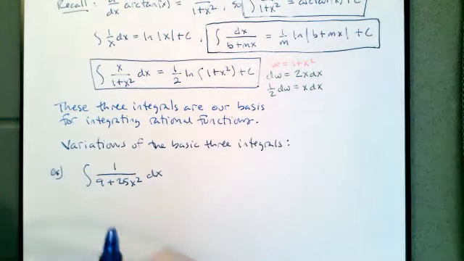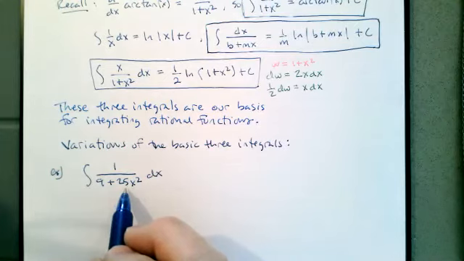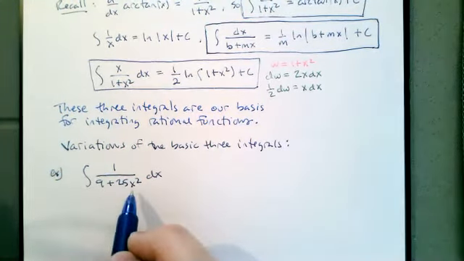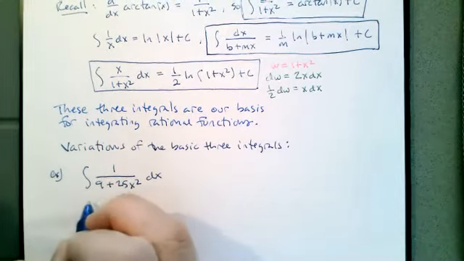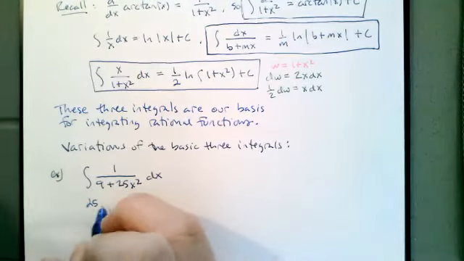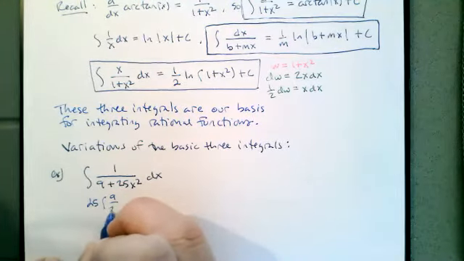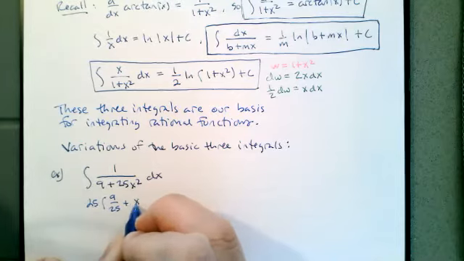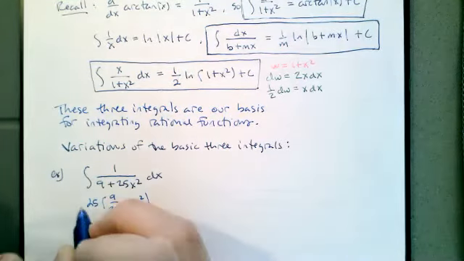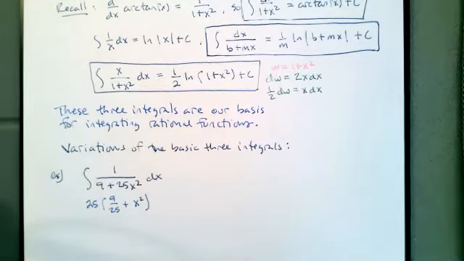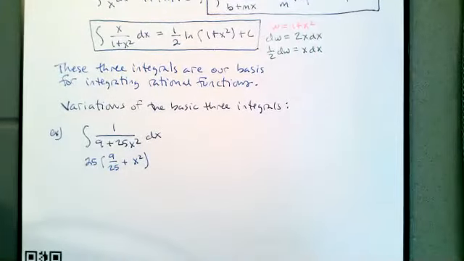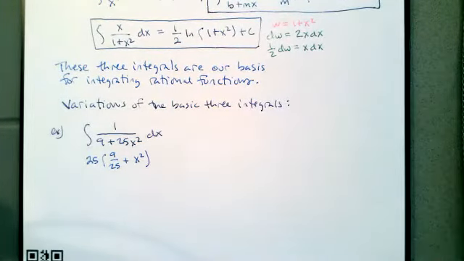And for that, I have to factor out the 25 to see what's actually going on here. What's a? If I factor out the 25, that's going to leave a 9 over 25 plus x squared. So now I have a clear view. Factoring out the coefficient of x squared gives us a clear view of what a is.